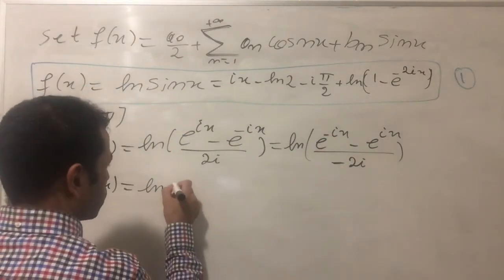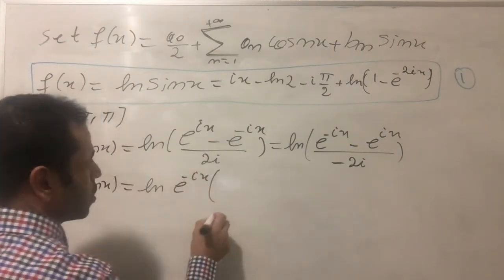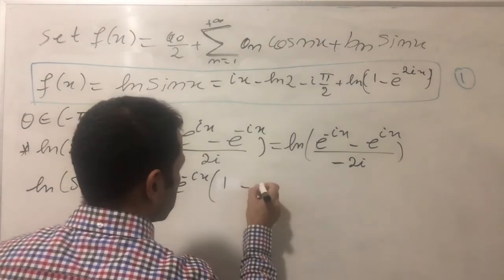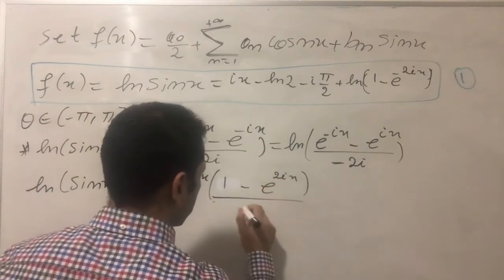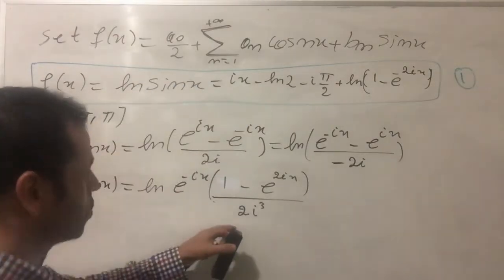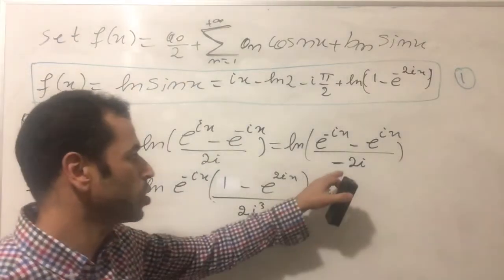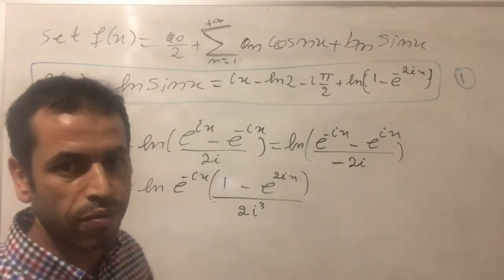So I will have e to the minus ix times 1 minus e to the 2ix, over minus 2i, which becomes 2i cubed, because minus 1 equals i squared as a complex number.